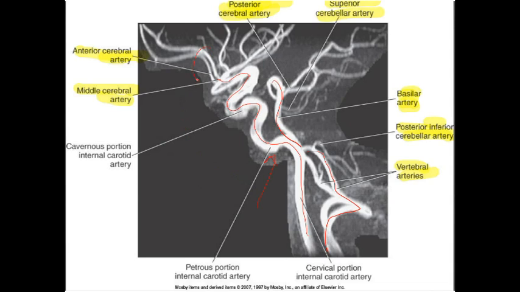And then we have the anterior cerebral arteries, posterior cerebral arteries. Also, the vertebral arteries, as we see, we have two here. We now have one, which is the basilar artery.